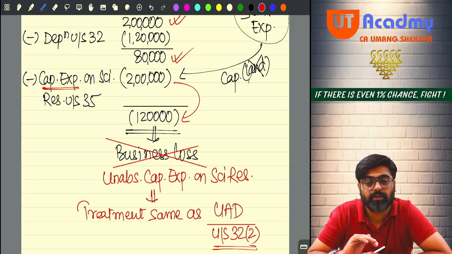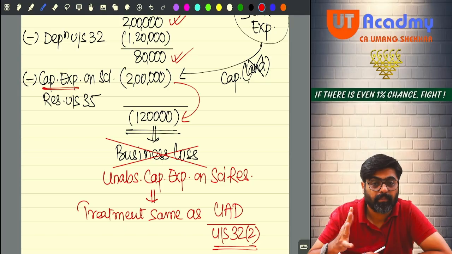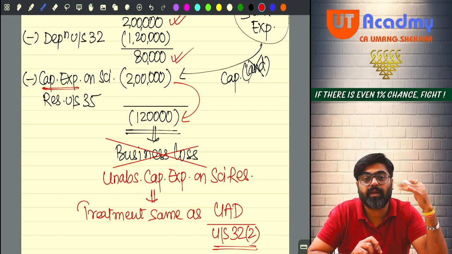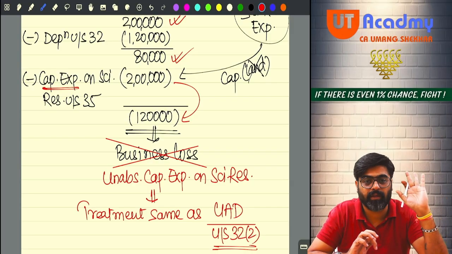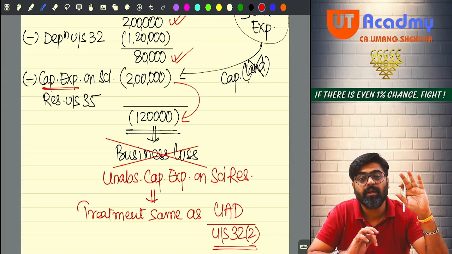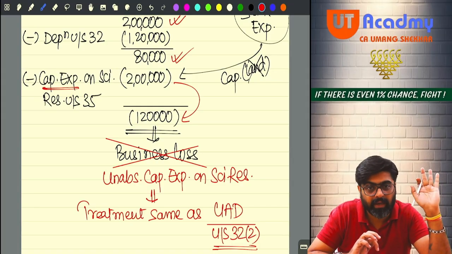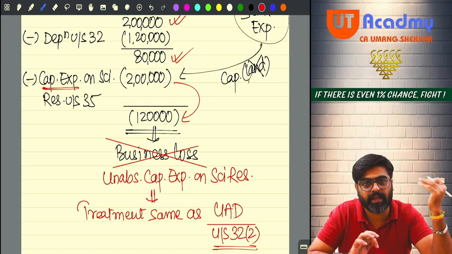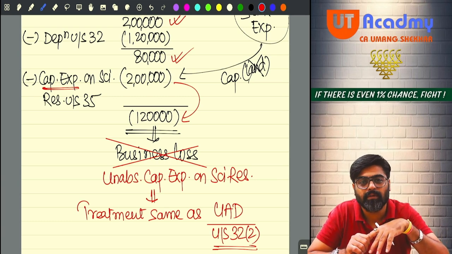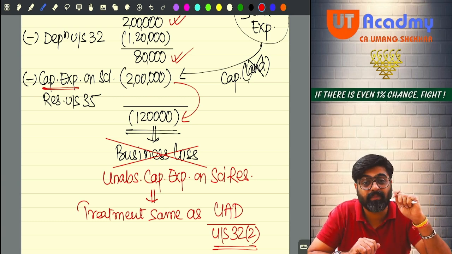Can you adjust against any business income? Yes. Can you adjust against income of any other head? Yes, except salary. But if it cannot be adjusted, then carry forward. After carry forward, in the subsequent year, it can be adjusted against any income of the subsequent year, meaning any business income, or income of any other head except salary. And the carry forward available is maximum how much?